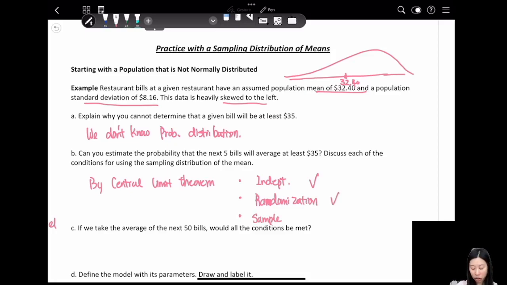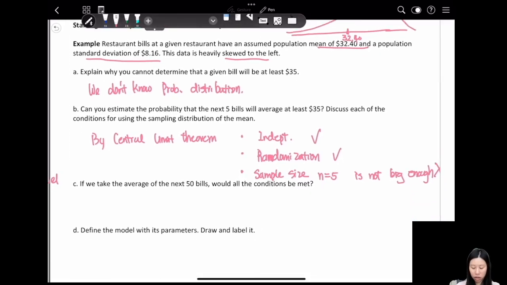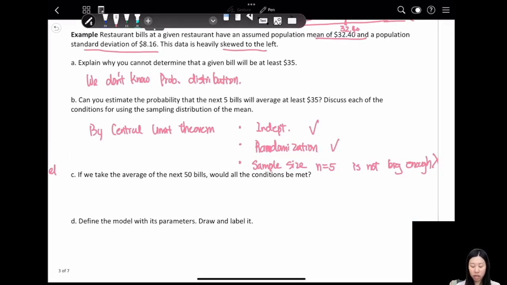And the third part is the sample size. The sample size has to be big enough. They're telling you that we just picked the next 5 bills, so the sample size equals 5. This is not a big enough sample size, so we can't apply the central limit theorem. That means we cannot estimate the probability that the next 5 bills will average at least $13.5.